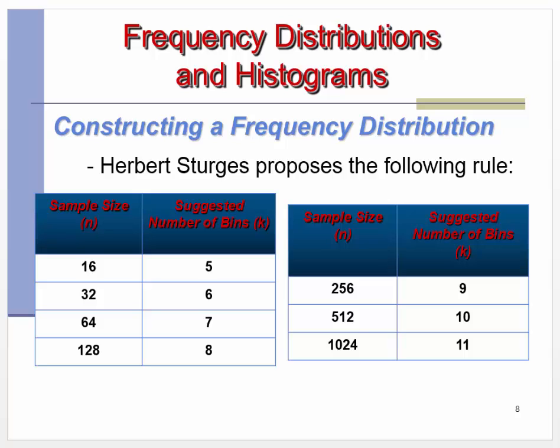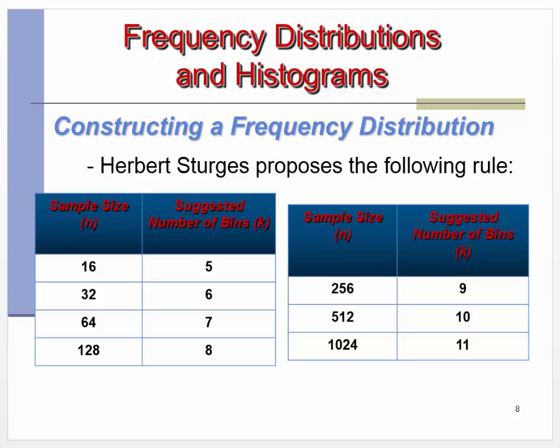The suggested number of bins or groups should be 5. In other words, we divided 16 observations into 5 groups. If it's up to 32, if you have a sample size of 32, you should have 6 bins. 64, you should have 7 bins, etc.